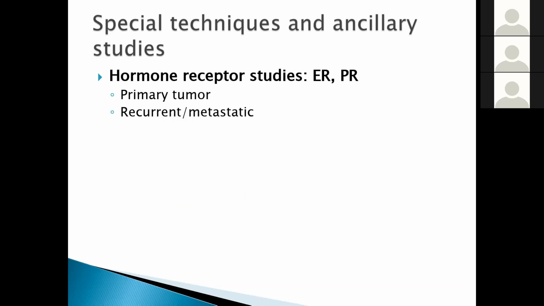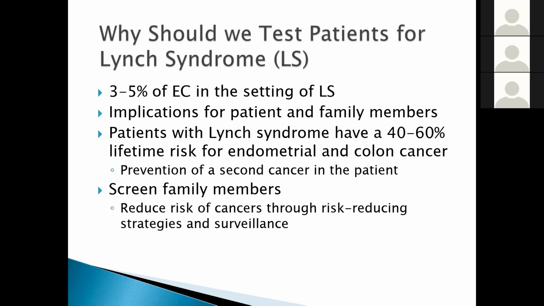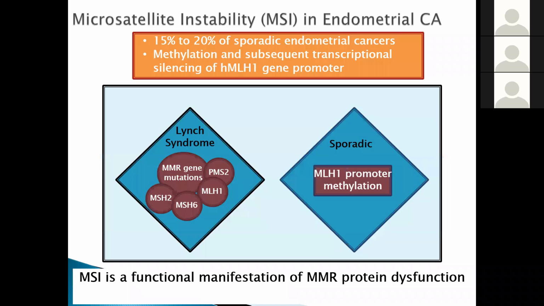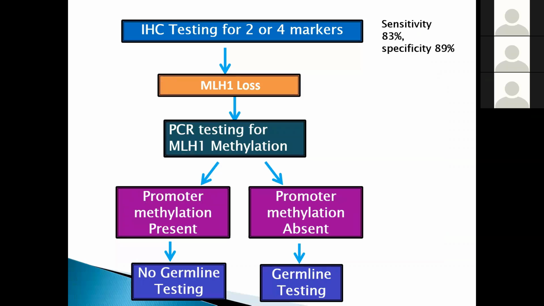Okay, and then, as I said, ER/PR, MSI for all tumors now routinely, for Lynch. I want to skip this because I want to get to the quiz. So this is the protocol we do. We do 4 markers if possible. First we put a report out based on the IHC.